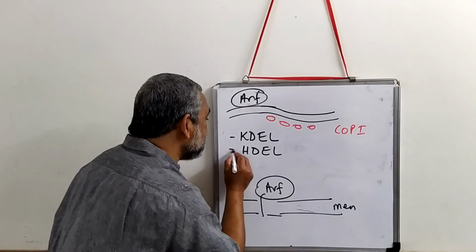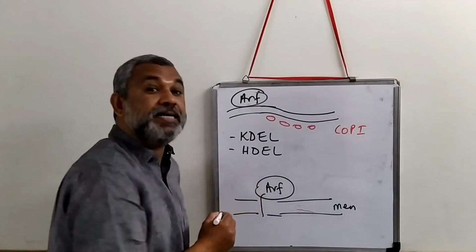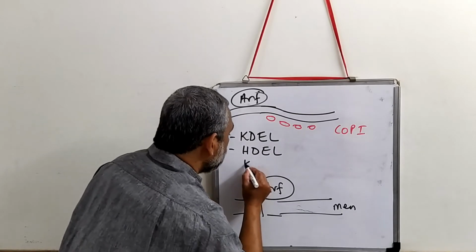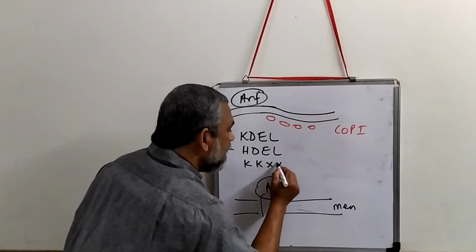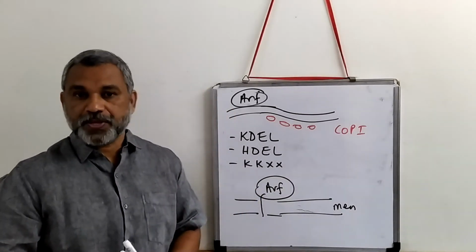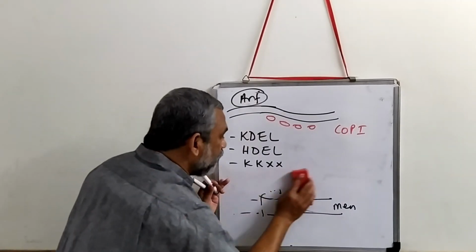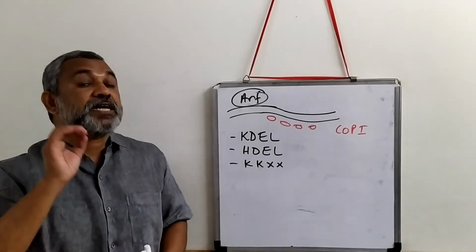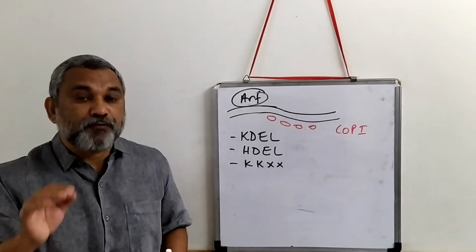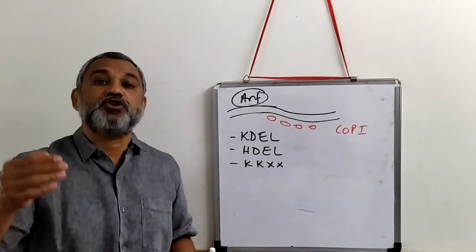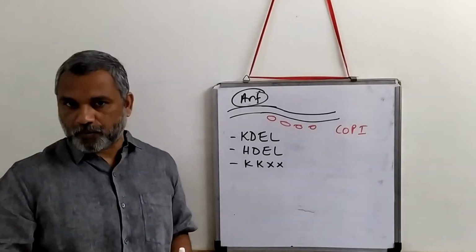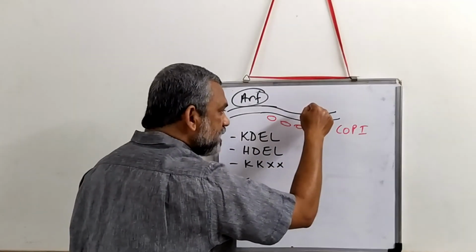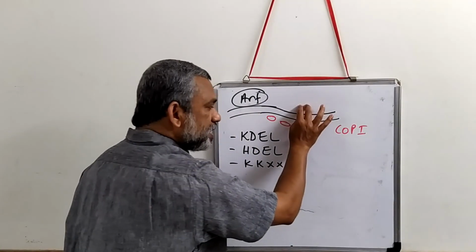Another kind of signal that has been identified is dilysine: one lysine, a second lysine, and any 2 amino acids. These are the signals that are very specific for a protein to become part of the cargo. So now the cargo is taken inside.